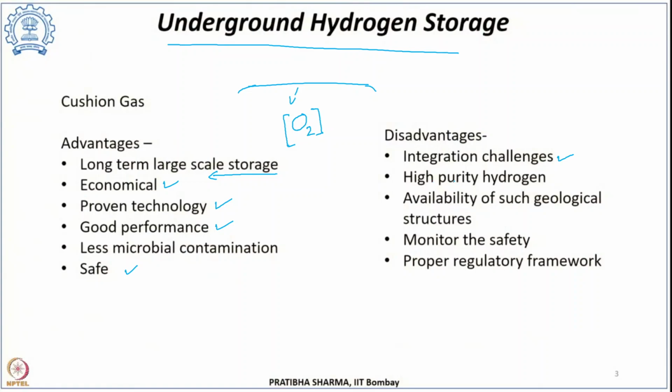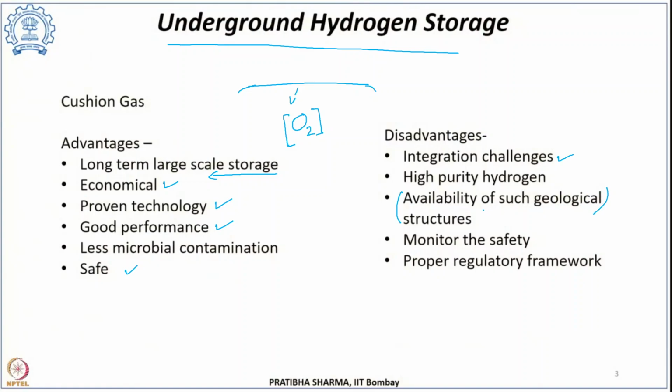That's why contamination and purity are an issue. Also it can mix with the other gases present below the earth crust in the storage places, and the availability of such a geological structure is difficult to get.